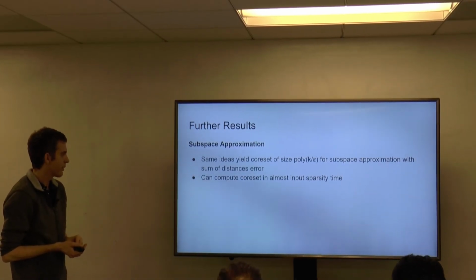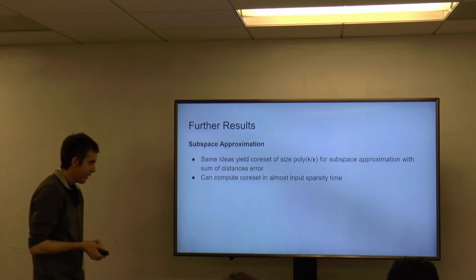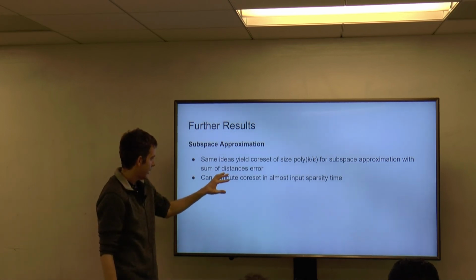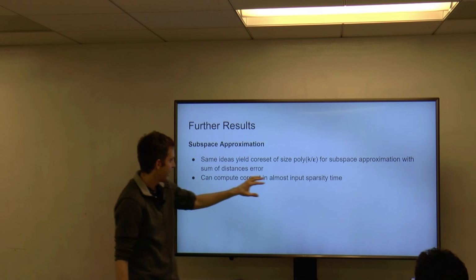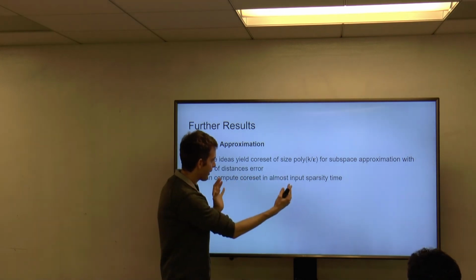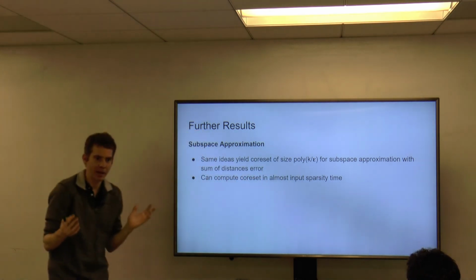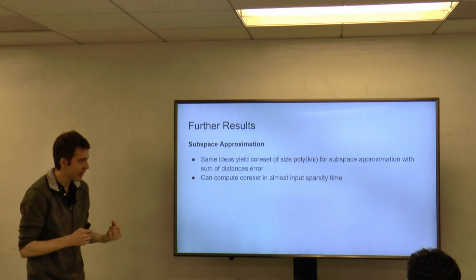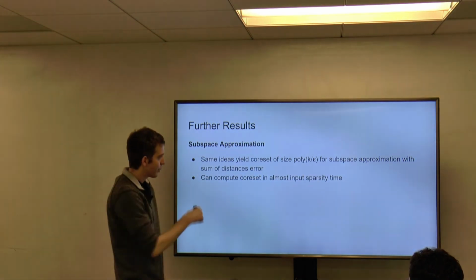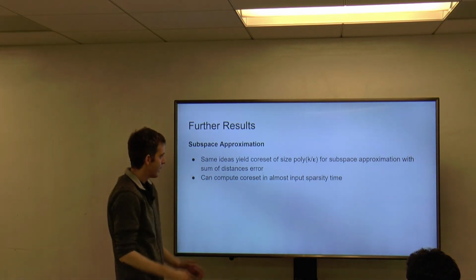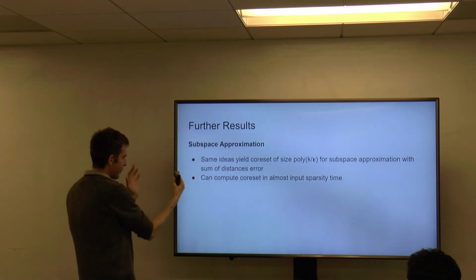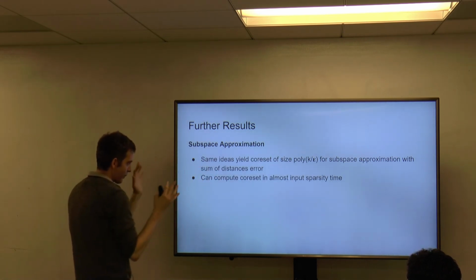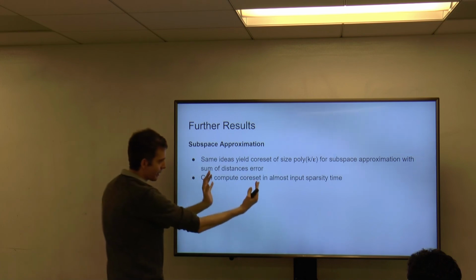For this K-median algorithm, you can get a fast running time as a function of n and d, but the algorithm is still exponential in k. There's a 2 to the k inside of the algorithm. So it's like the number of non-zero entries of your input, sort of input sparsity time plus exponential in k.